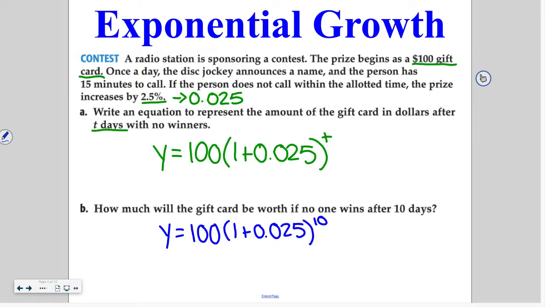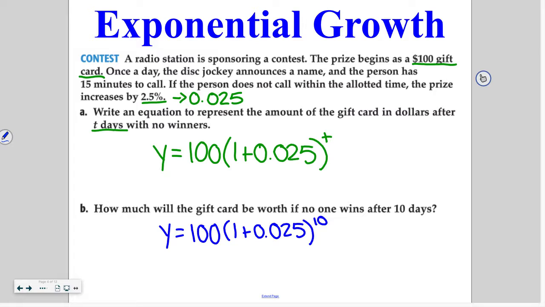When you plug that into the calculator, you're going to type 100, and then in parentheses, 1 plus 0.025. Close the parentheses, then the caret button, and then 10.